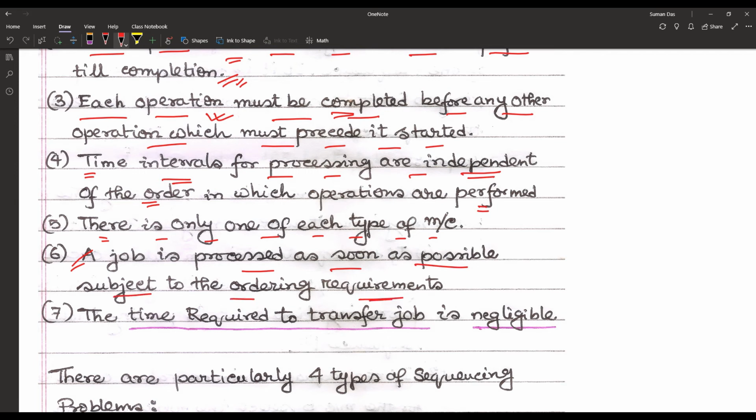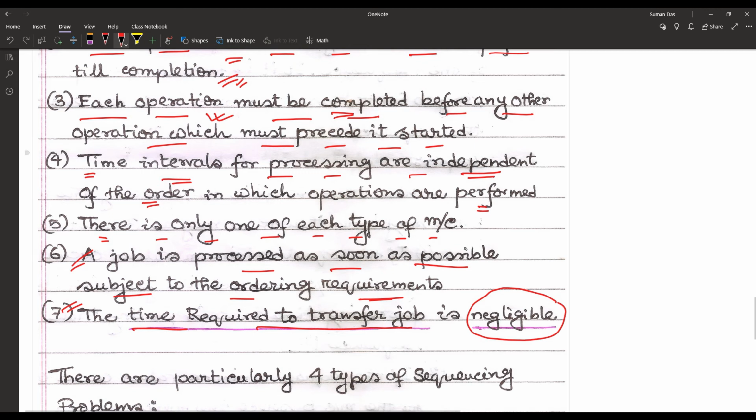So a job is processed immediately after another job has been completed. That is the ordering requirement. And here the time required to transfer a job is treated as negligible, so there is no gap between the job operations.